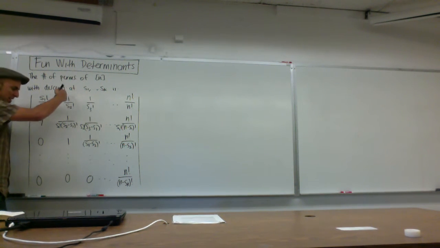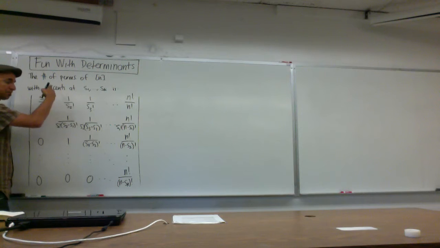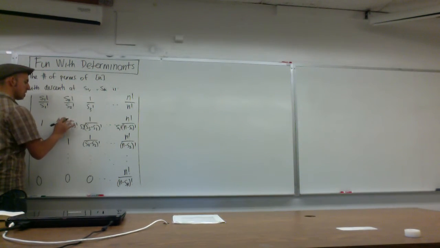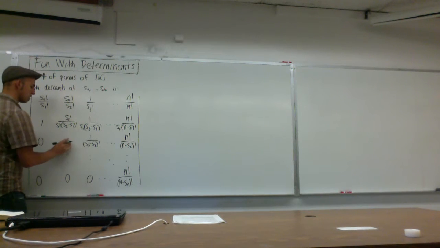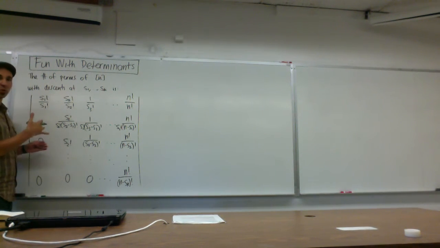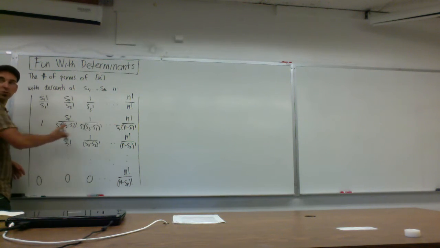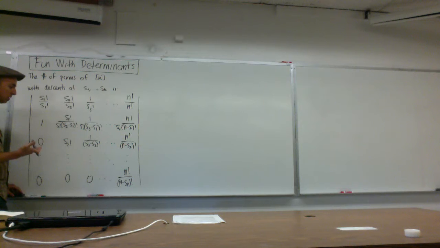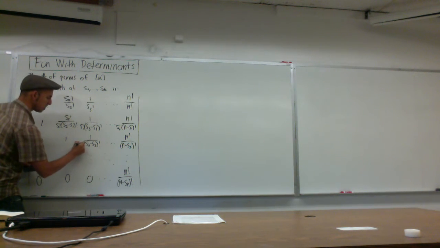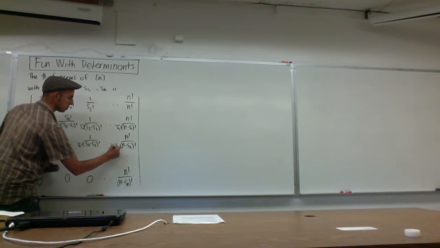Now again, let me multiply this column by s2 factorial. Okay? s2 factorial, s2 factorial, s2 factorial. And so now I multiply the determinant by s2 factorial, and so let me fix that by dividing this row by s2 factorial. Okay. So this goes back to 1, and now I get s2 factorial here, s2 factorial here.